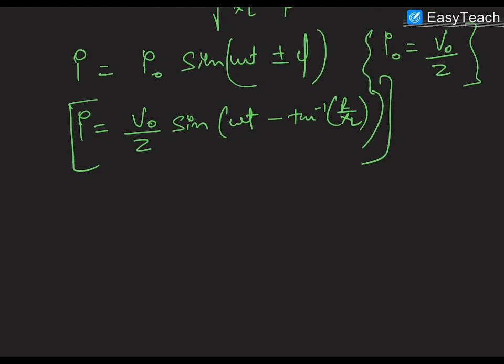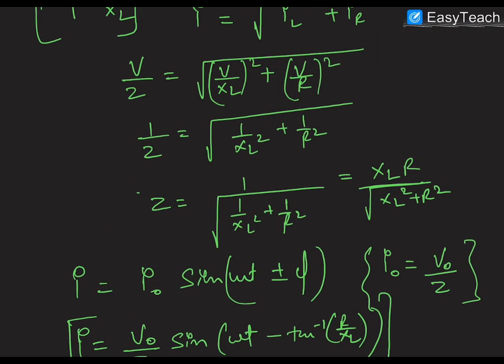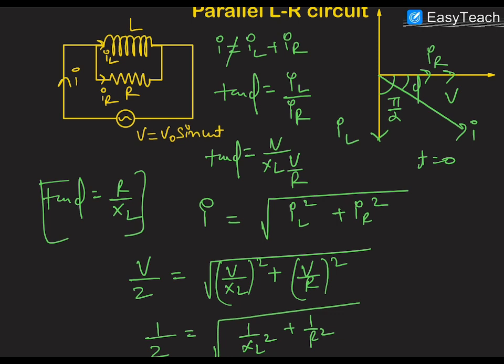Now, if we write down the average power loss, we know that this is a parallel LR circuit, and the voltage across the resistance and the voltage across the inductance is equal, both equal to the same voltage.